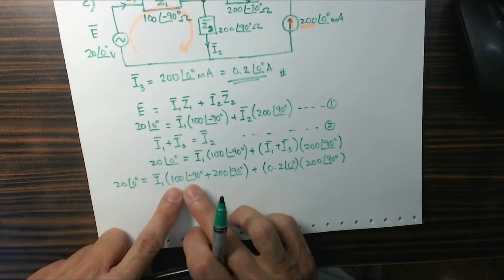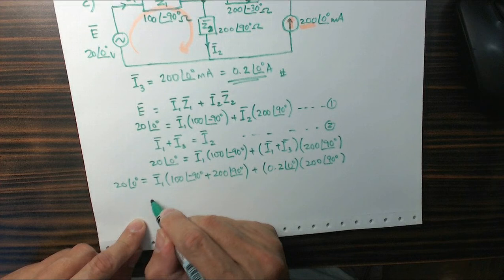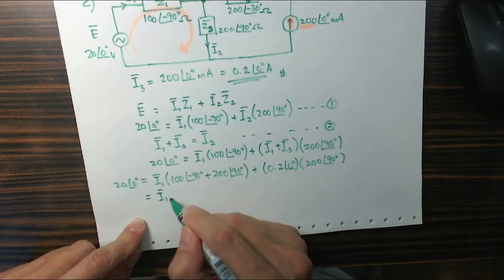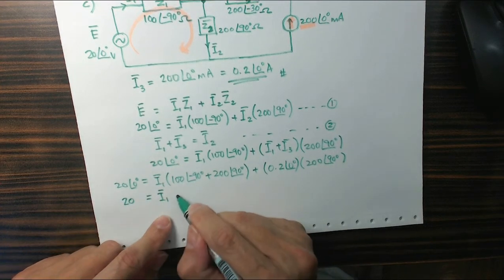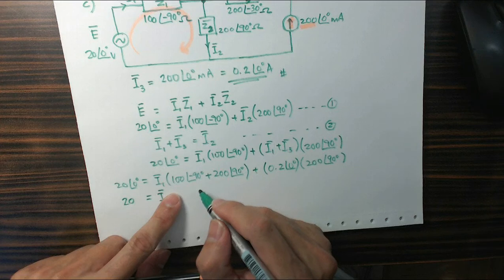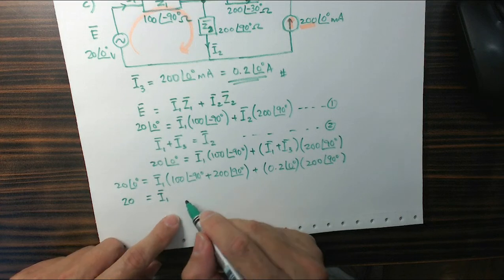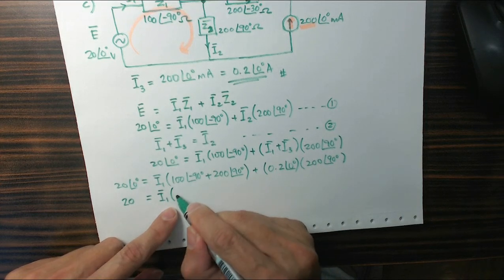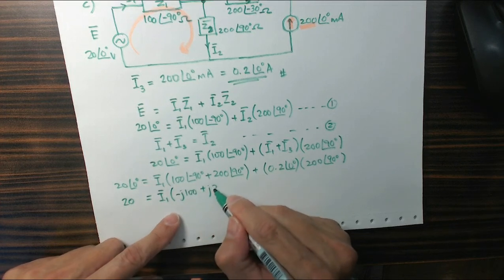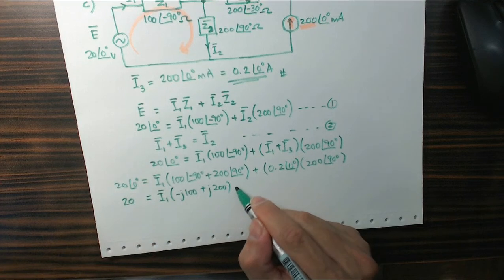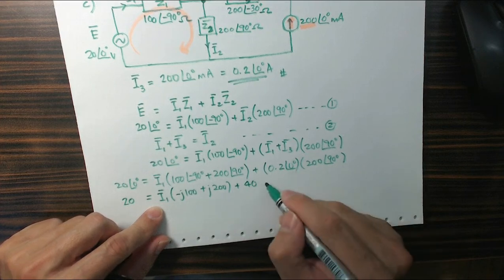I have these two. Now I need to change this to rectangular and then add them up again. But because they are minus 90 degrees, it's quite straightforward. So I will have I1. Let's look at rectangular. Now rectangular is 20. Now here is minus j100 plus j200, plus 40 angle 90 degrees.